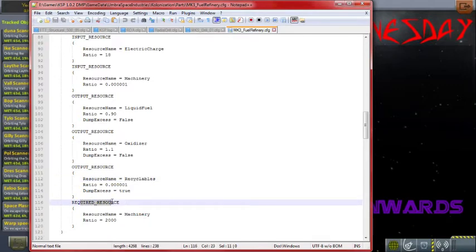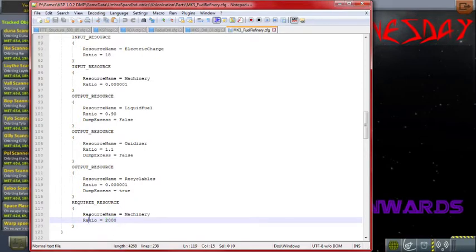Now what I find curious is the required resource. I assume you need that minimum number of that resource, because it's kind of a weird one. So basically it states that because you're using machinery here, it will not let you go below that amount.